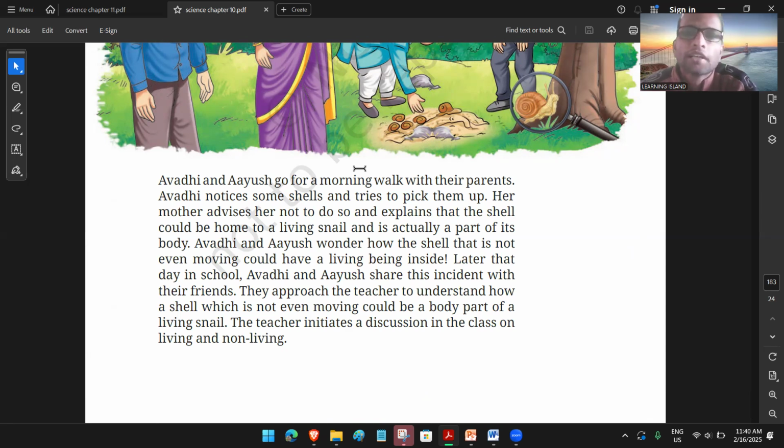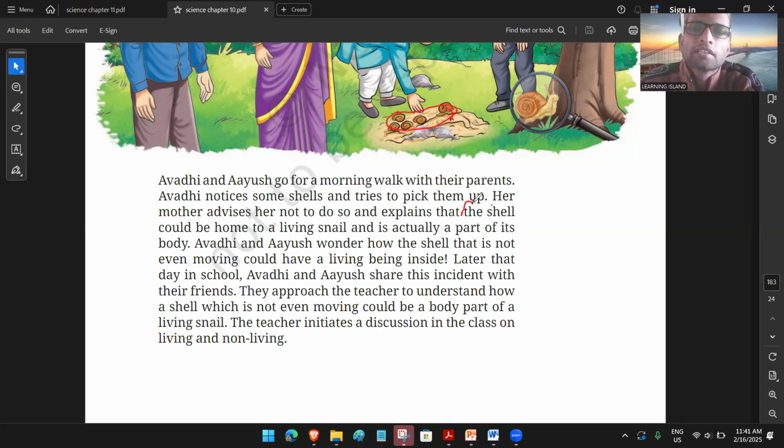Her mother advises her not to do so, and explains that to a living snail the shell is actually a part of its body. See, here you can see the children playing; these are all shells, and the snail comes out of the inside. So her mother is saying don't pick it up, because it is a habitat or home for the snail.